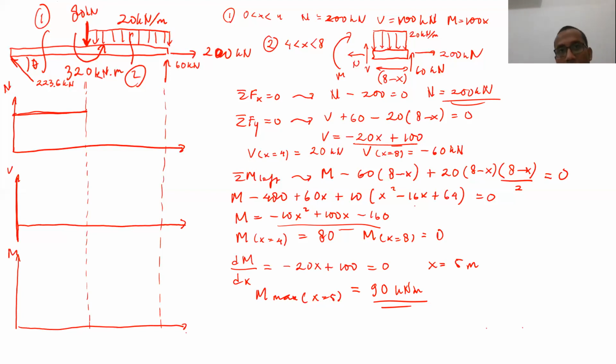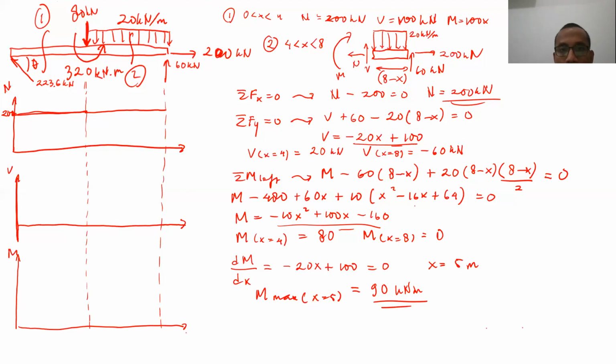And the axial force will stay the same at 200 for x equal to 4 to 8. 200 kilonewton there. Then for shear force from 0 to 4 meter, the value of the shear force is 100 kilonewton.